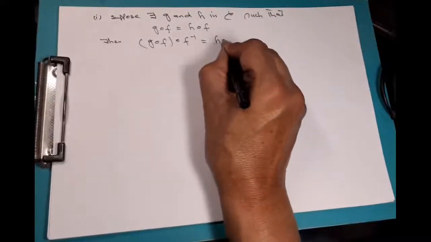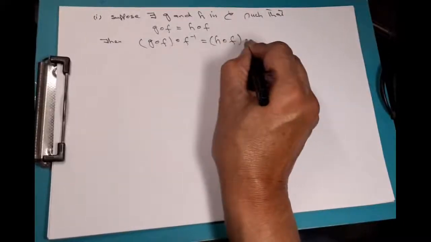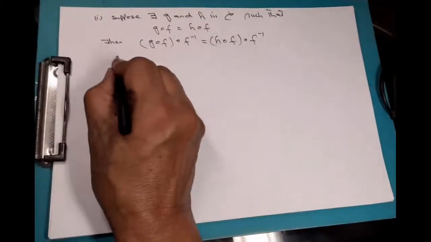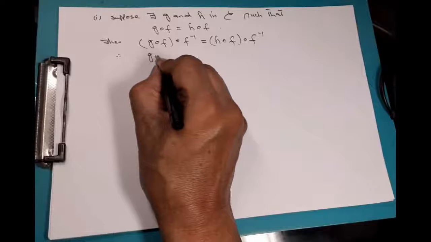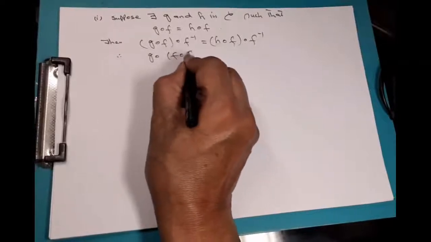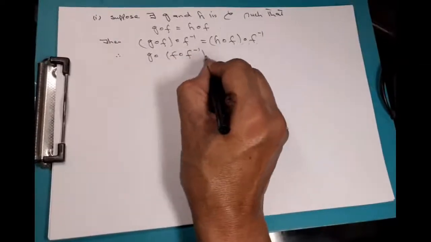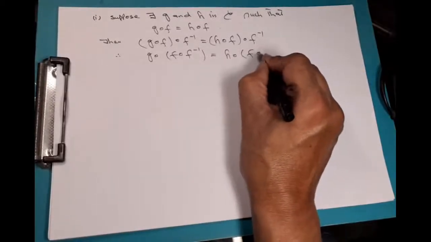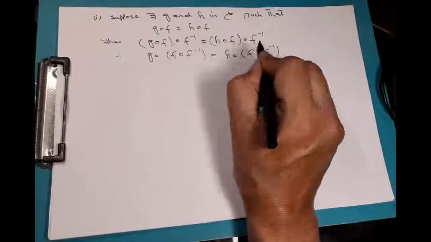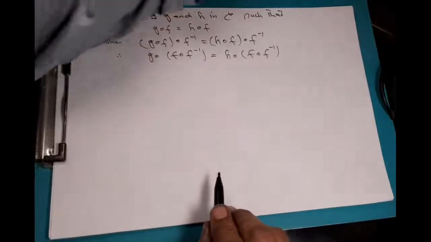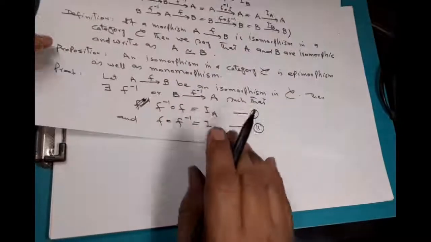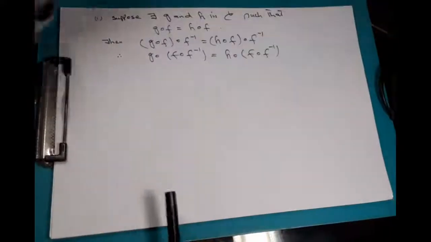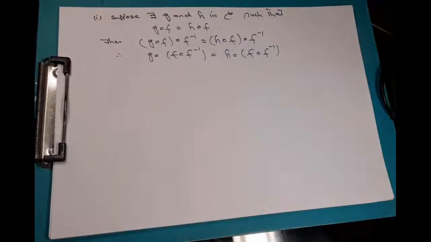Now use the associative law. So G circle F circle F inverse is equal to H circle F circle F inverse. Now we know that F circle F inverse is equal to identity of B.